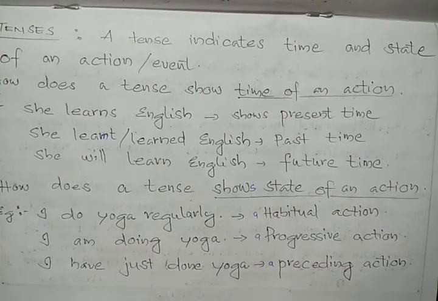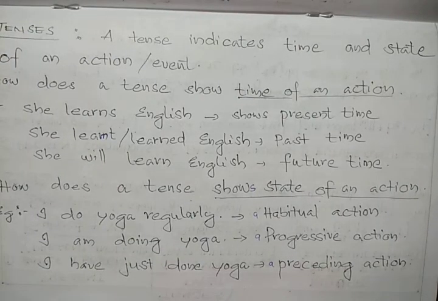Tenses. A tense indicates time and state of an action or event. How does a tense show time of an action? She learns English. It shows present time. She learned English. That shows past time.